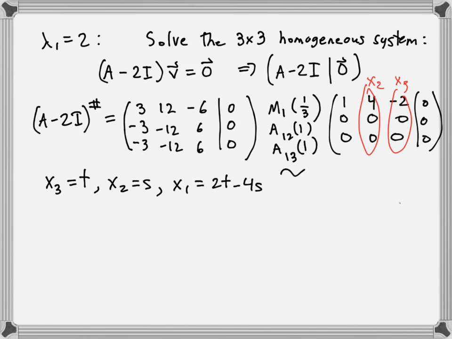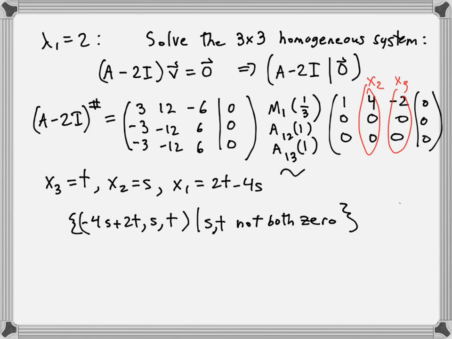And so what are the set of eigenvectors going to be? We can write it this way. We're going to write (-4s + 2t, s, t), such that s and t are not both 0. We need to throw out the 0 vector, right? Because if you make everything 0, you get the 0 vector.